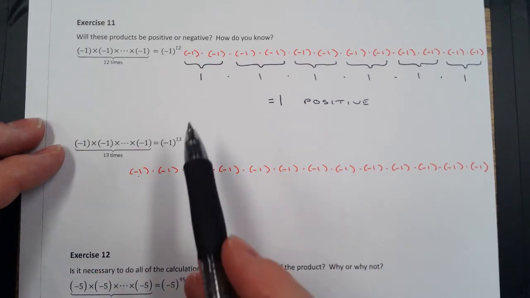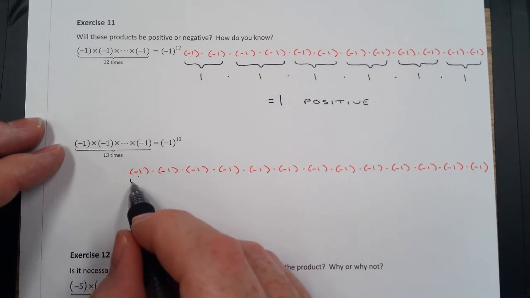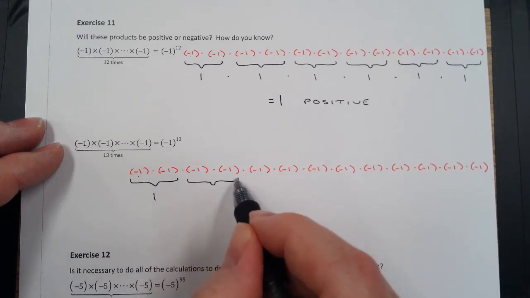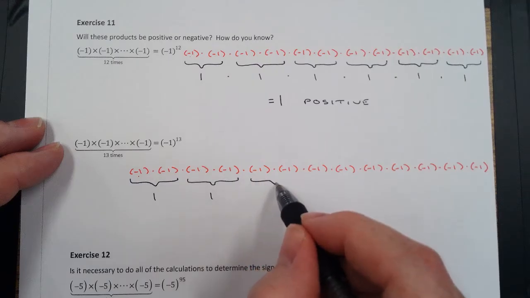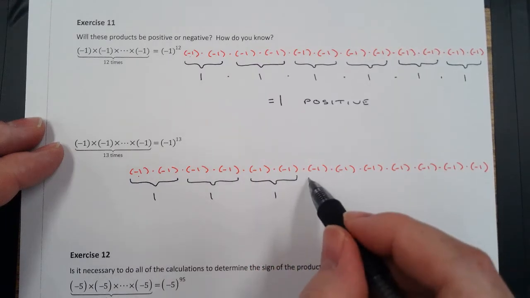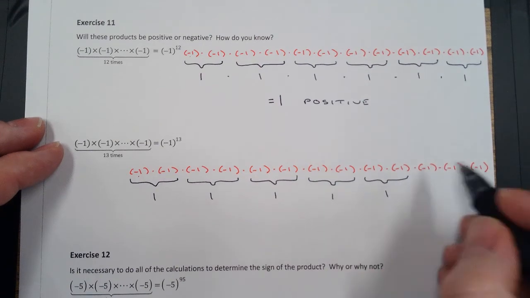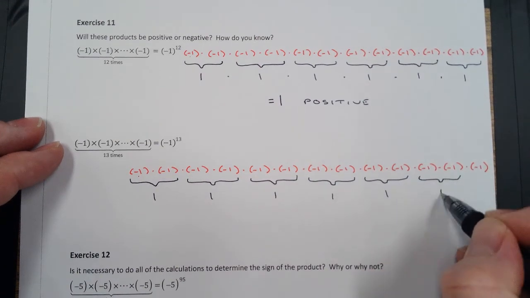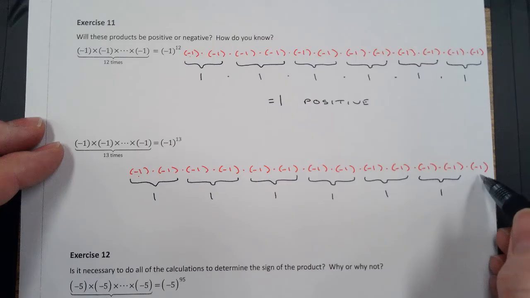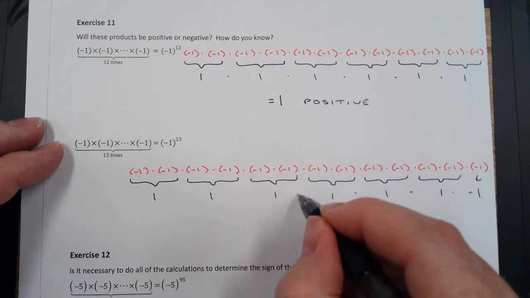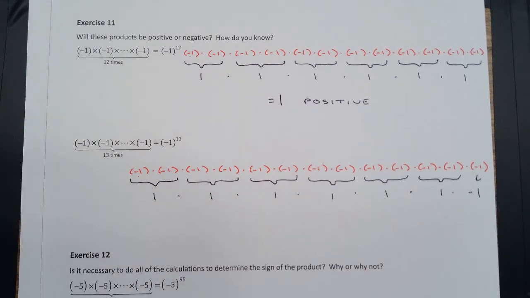We know a negative times a negative makes a positive 1. So -1 times -1 is 1, and again, -1 times -1 is 1, six times in all. Uh-oh, this one, sad, does not have a partner. So that one, no partner, stays -1. Now we have to multiply all of those together.